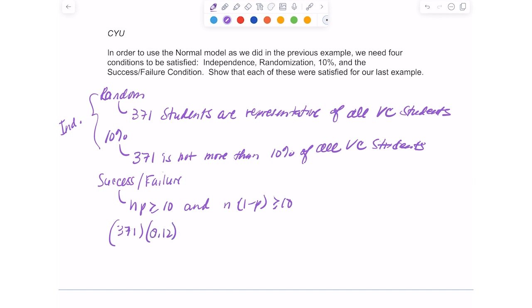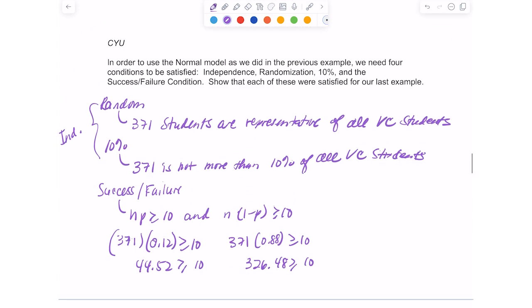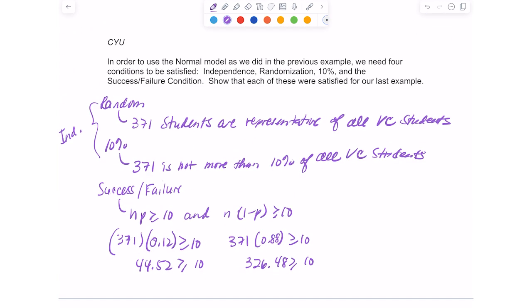And we know 12% of 371 is way more than 10. It's actually 44.52. And then 371 times 1 minus 0.12, or 0.88, is also greater than or equal to 10. And that gives us 326.48. So since all those conditions are satisfied, we can use the normal model to represent our distribution.